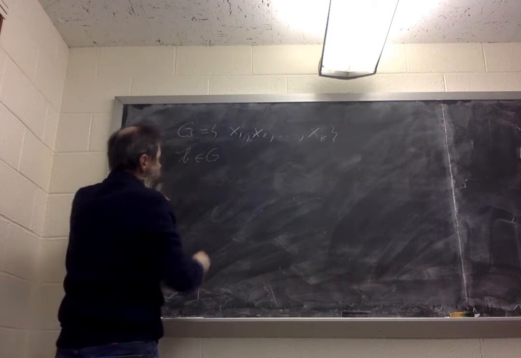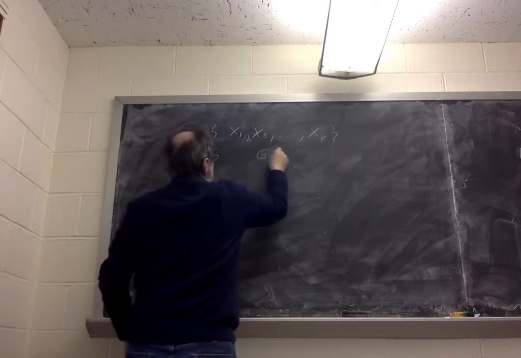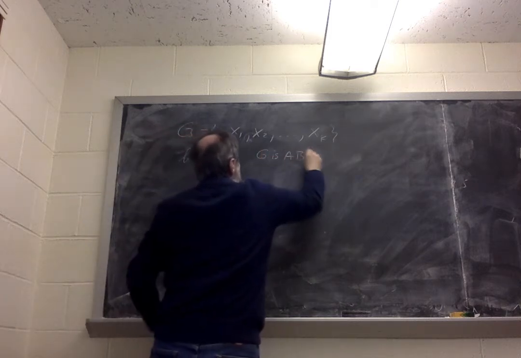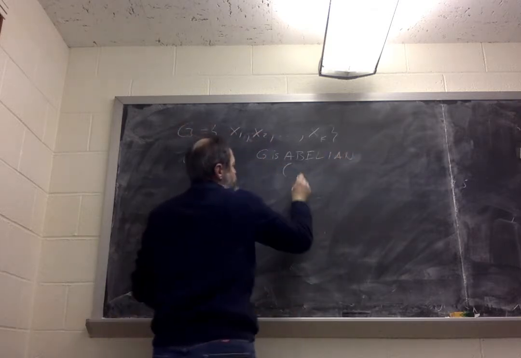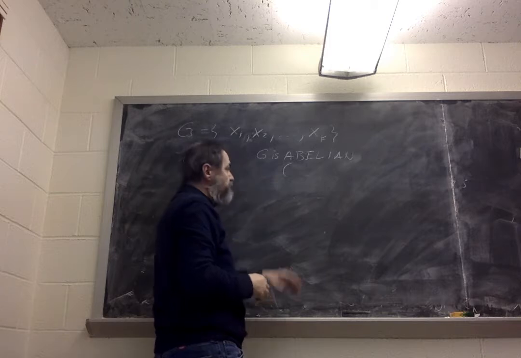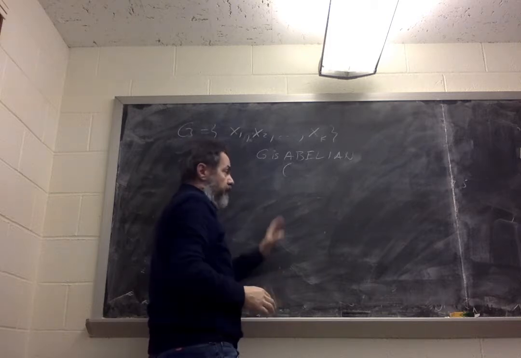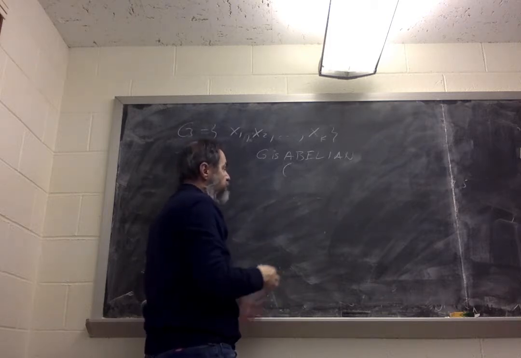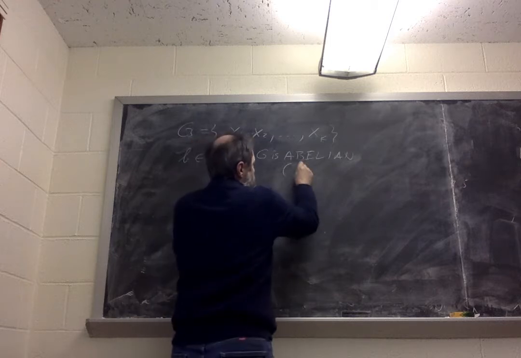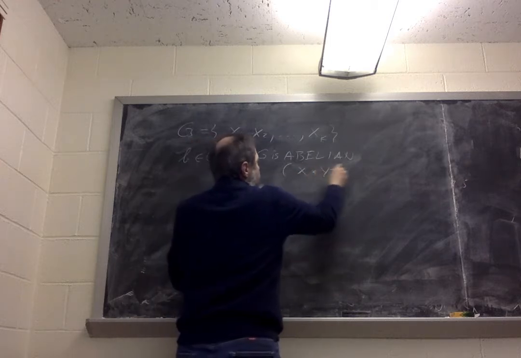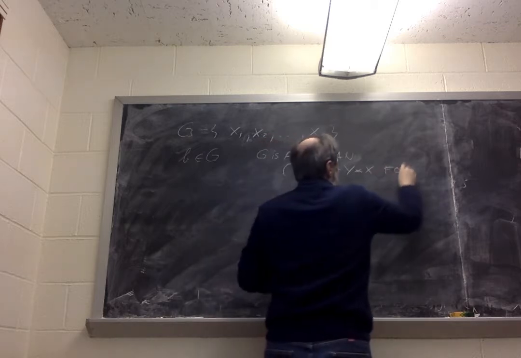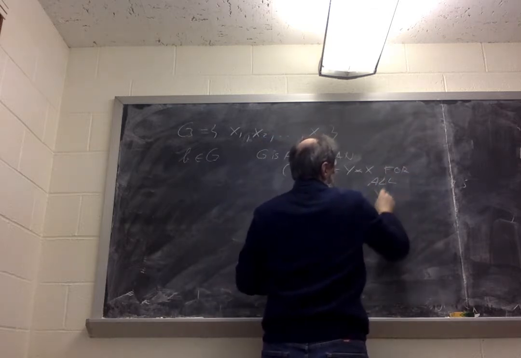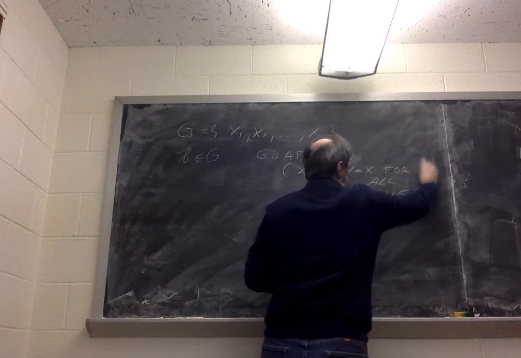Let's say G is abelian, which means commutative. It just simplifies the proof. In the interest of time, I've just worked with abelian groups here. It means x times y is equal to y times x for all elements x and y in the group.